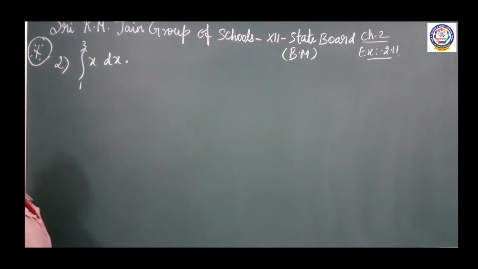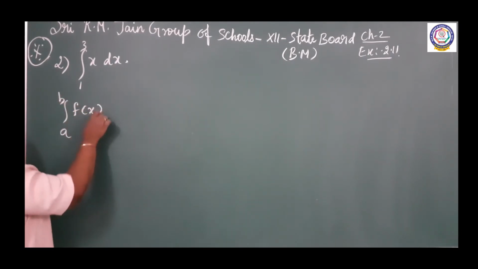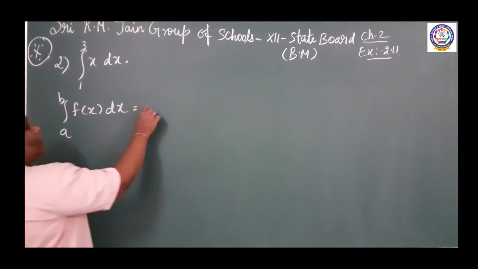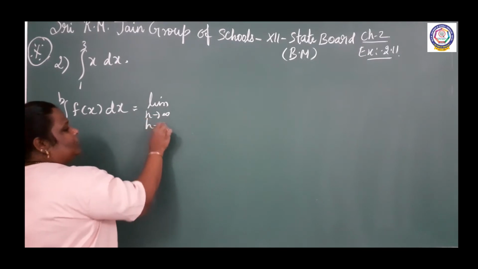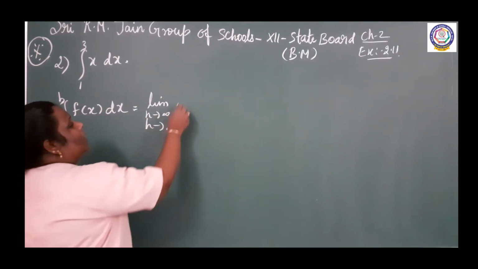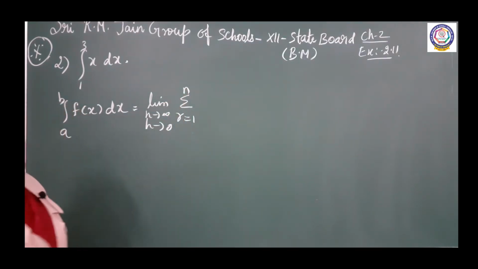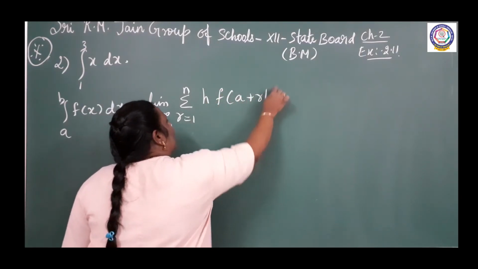See the second sum, integral 1 to 3 x dx. You write the formula: integral a to b f of x dx equal to limit n tends to infinity, h tends to 0, sigma r equal to 1 to n, h f of (a plus rh).